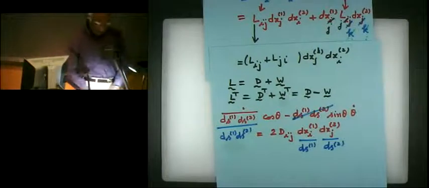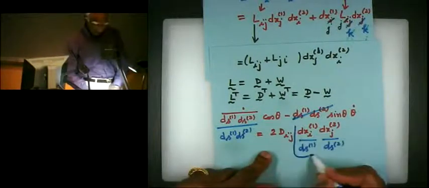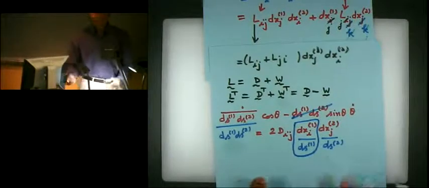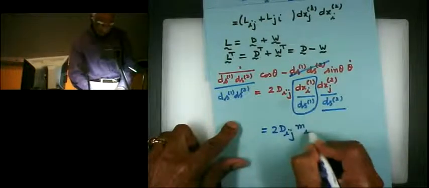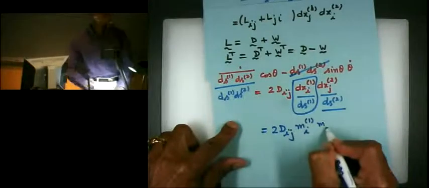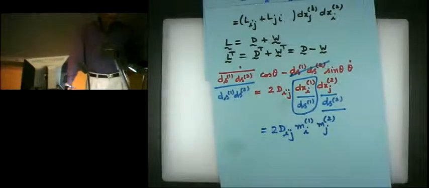And as one of you told me, these are the components of a unit vector 1, and these are the components of unit vector 2. So this is equal to twice Dij Mi1 Mj2. Remember, M superscript 1 in parentheses is one vector, M superscript 2 in parentheses is a second vector.